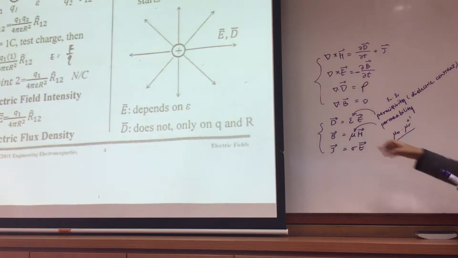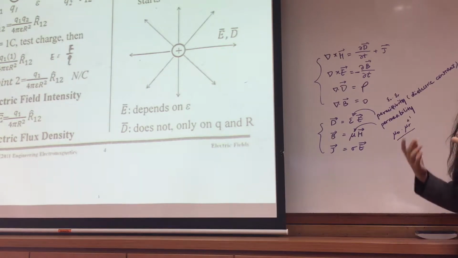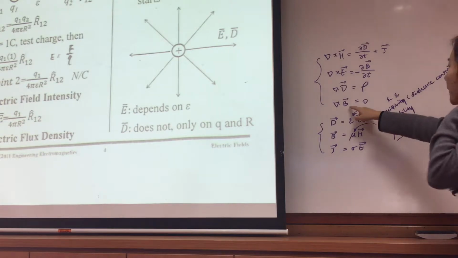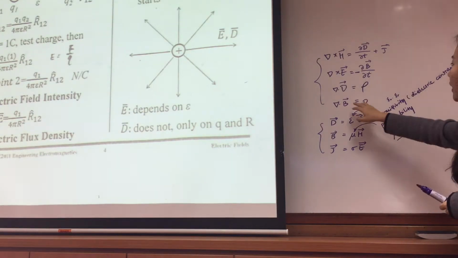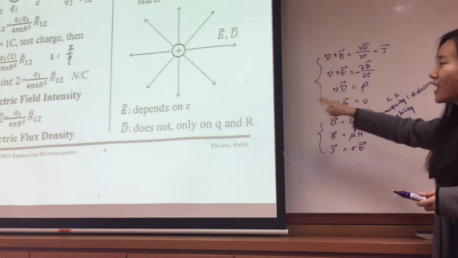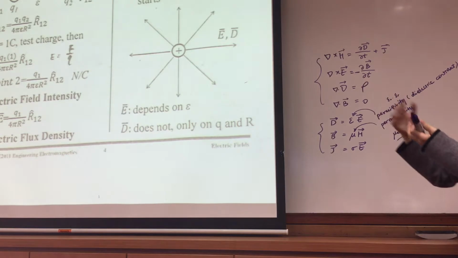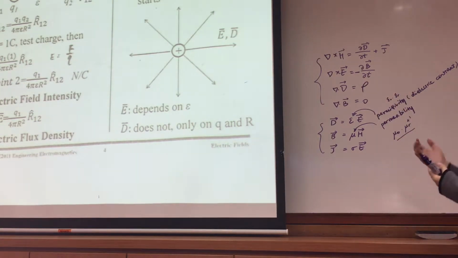So these are the 3 constitutive relationships which always hold. These 4 are the Maxwell equations that describe the behavior of the electromagnetic field. Right? This B is the magnetic flux density. You can see the D is electric flux density. They are interconnected. Right?